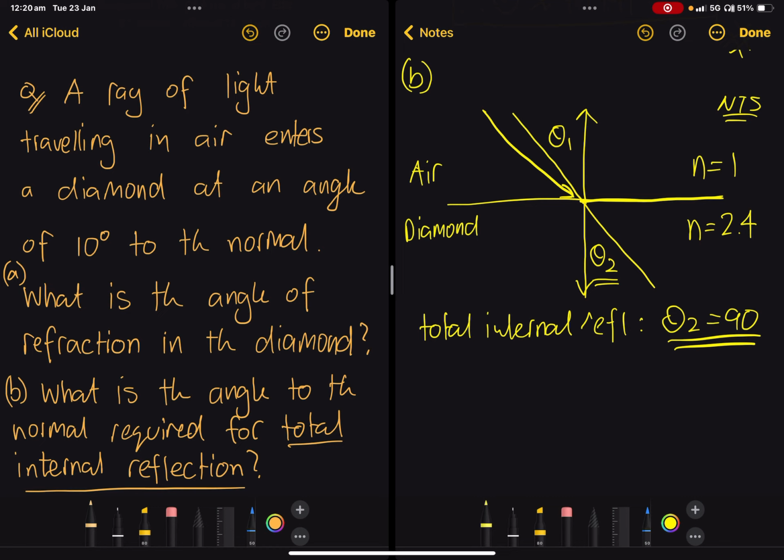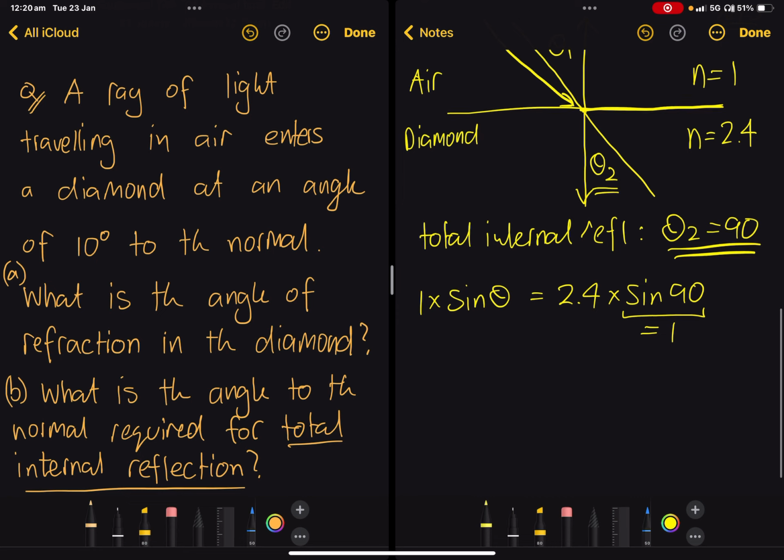So if we plug everything in, we get 1 times sine of theta is equal to 2.4 times sine of 90. Now, sine of 90 is actually equal to 1, because the sine curve peaks here: this is 90 degrees, this is 1. So this implies sine of theta must be equal to 2.4. Well, actually, this is impossible.